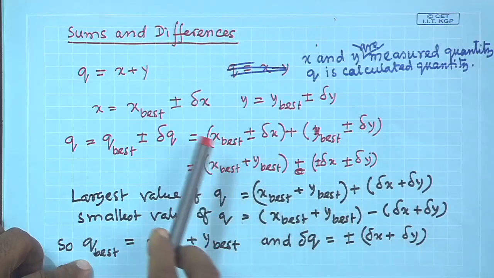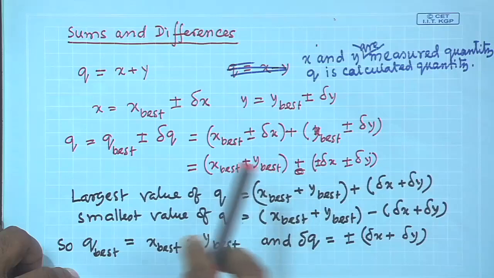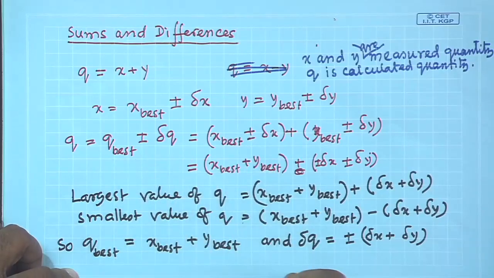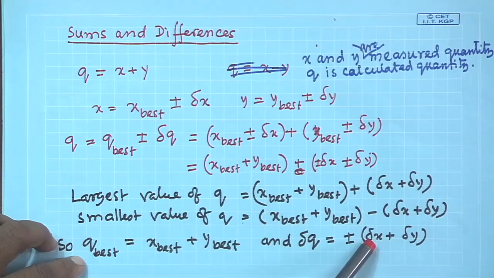Similarly for difference also we can show that whether it is summation or difference, in both cases the uncertainty in the calculated parameter is basically the sum of the uncertainty of the measured quantity, right.